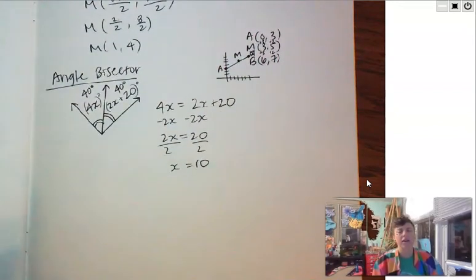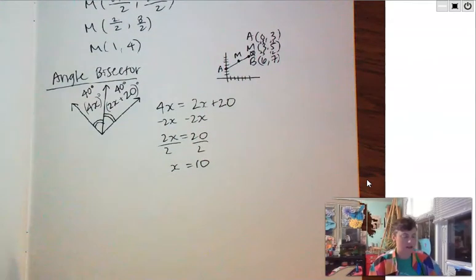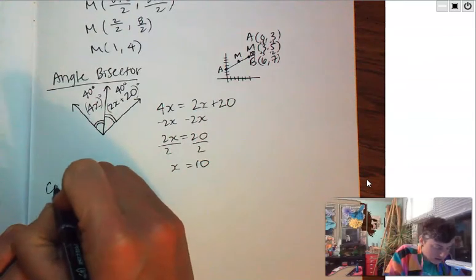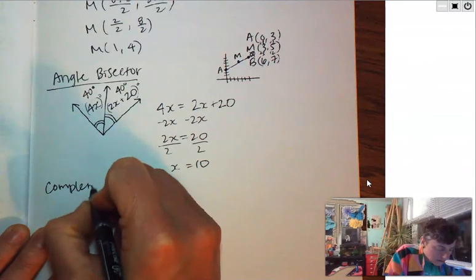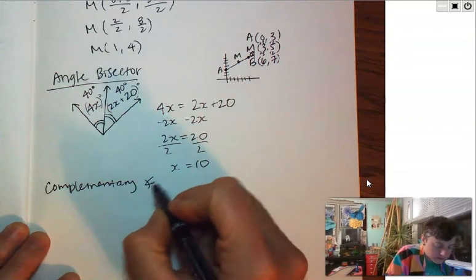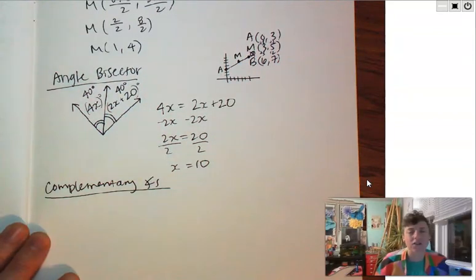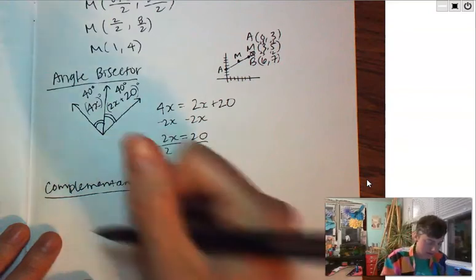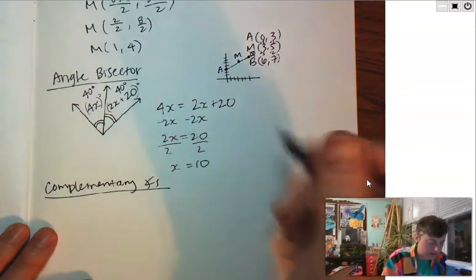All right, and finally, complementary and supplementary angles. Complementary angles add to 90 degrees. They add up to 90 degrees.